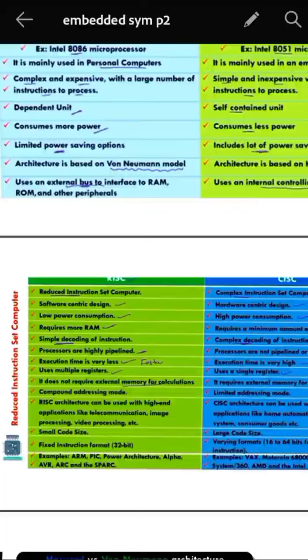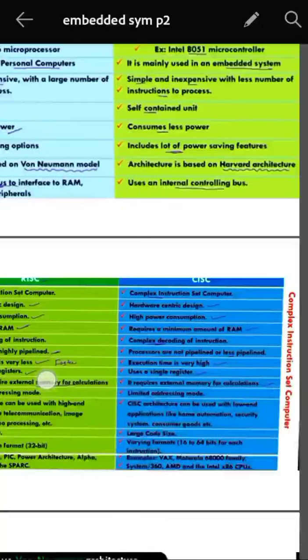RISC has a fixed instruction format, whereas CISC varies the instruction format. Examples of RISC are ARM, PIC, Power Architecture, Alpha, AVR, ARC and SPARC.